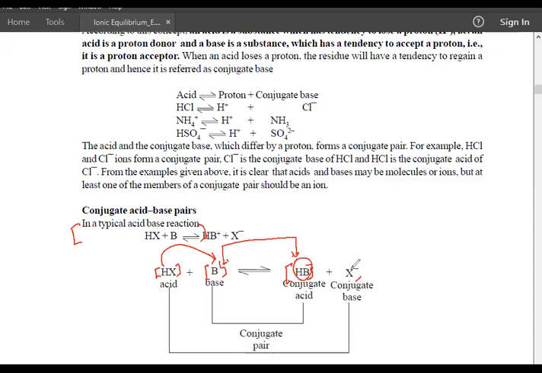How is it a conjugate base? Because now X minus has a tendency to accept H plus. Yes or no? Now X minus will have a tendency to accept H plus, so it is acting as a base. So it is a conjugate base. I hope all of you understood the concept of conjugate acid base, right?